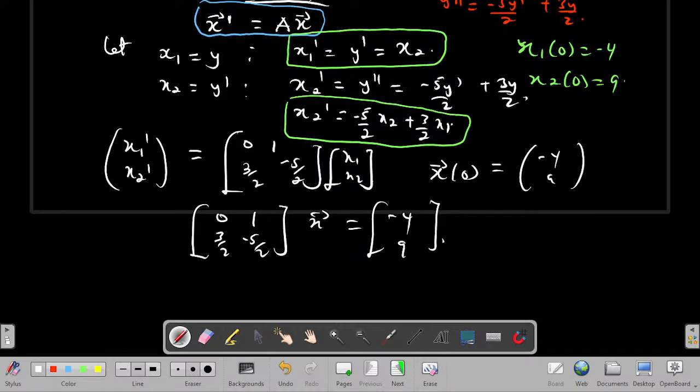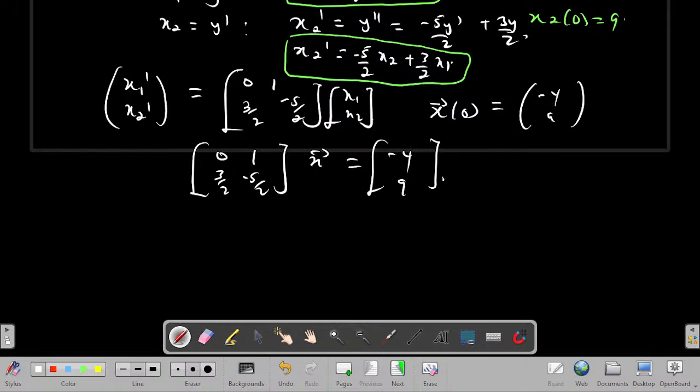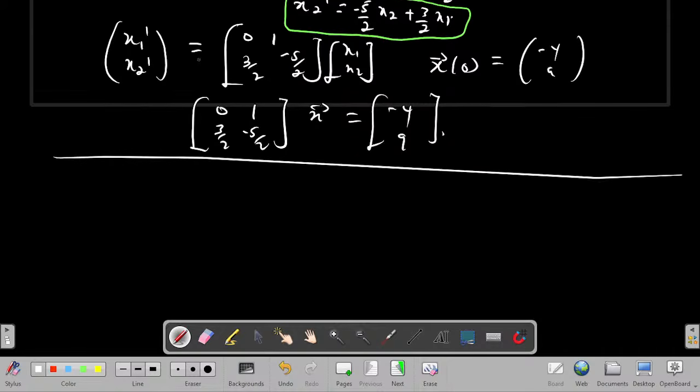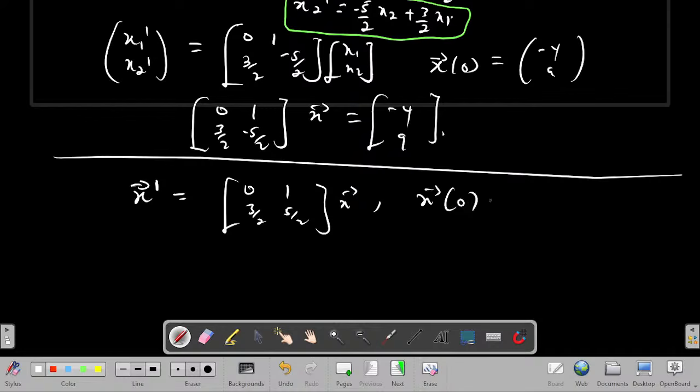So how do we solve our differential equation as we have here? Generally, this is where we are going to go. Our x with the bar, prime, is equal to the matrix 0, 1, 3 over 2, negative 5 over 2 times x, where x of 0 equals negative 4, 9. At this point, we introduce eigenvalues and eigenvectors.